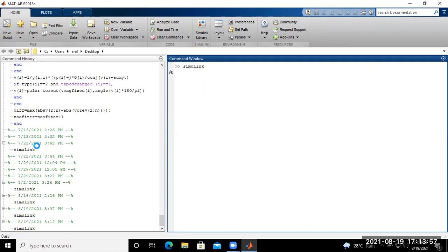Just quickly drag all the blocks what you require for the circuit from the Simulink library and just finish the simulation part of the circuit.